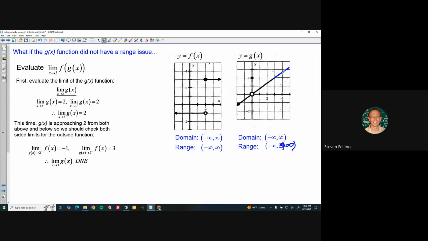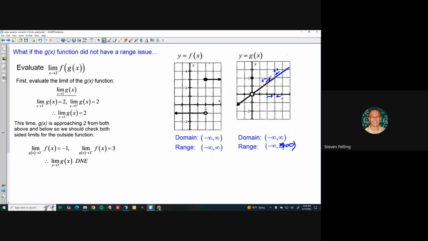And if we went through the same thing, the limit as x approaches 3 from the left, we're approaching 2 from the left over here. And as we're approaching 3 from the right, we're approaching 2 from the right as well. And that means that we are actually approaching the number 2, right?